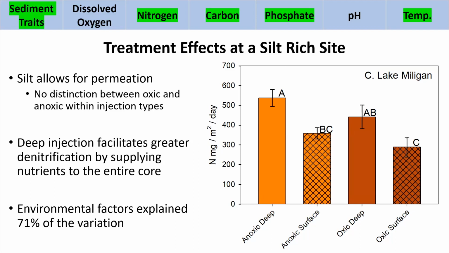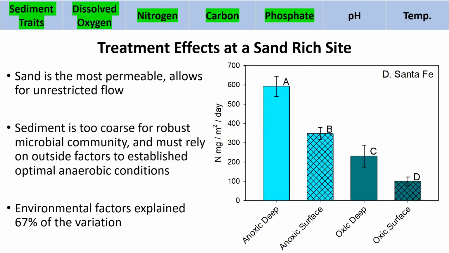We do, however, see a strong distinction based on injection type, with the deep injection facilitating greater denitrification by supplying nutrients to the entire sediment core, as opposed to just the surface in our traditional incubations. And these environmental factors could explain 71% of that variation.